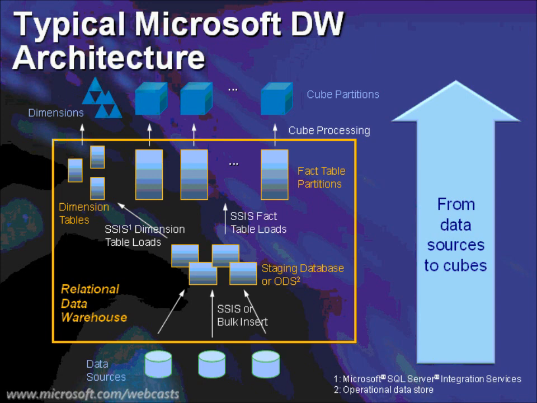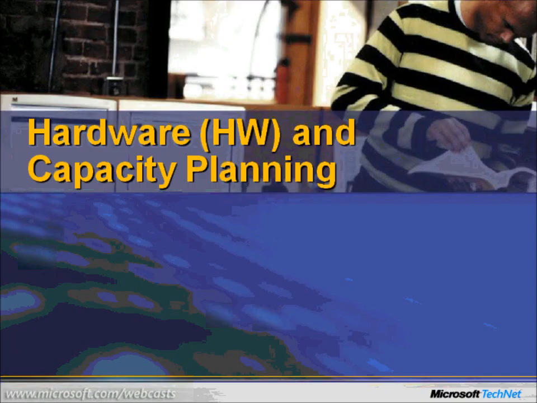Typically, we also have analysis services cubes, which we build off of the relational data warehouse to facilitate high-performance reporting and a better semantic understanding of the data based on a star schema model and dimension hierarchies that are explicitly represented in metadata and analysis services. So that part in the middle is the relational data warehouse.